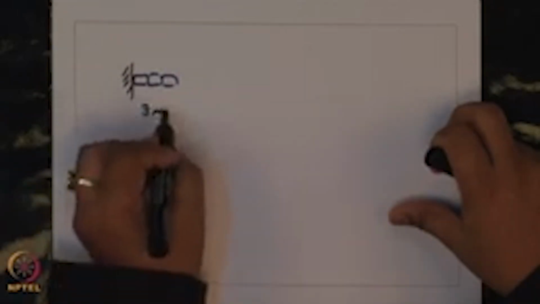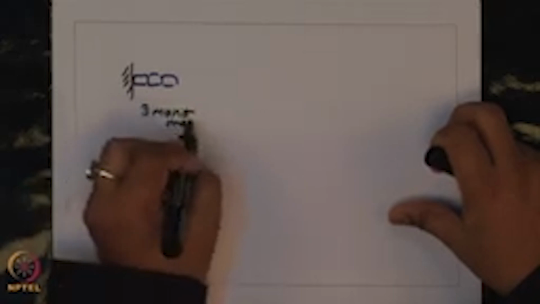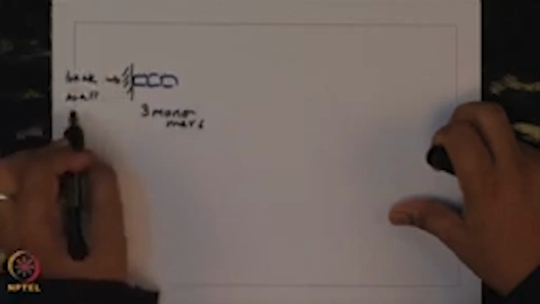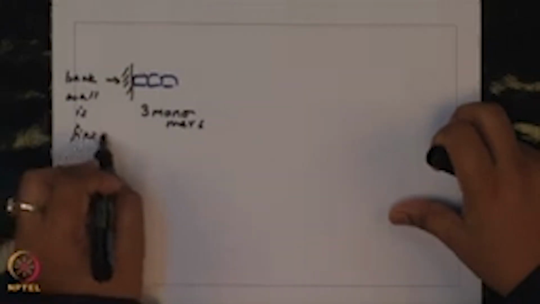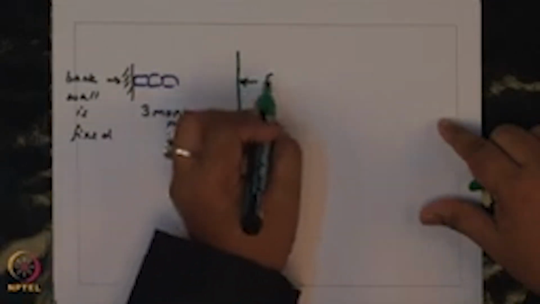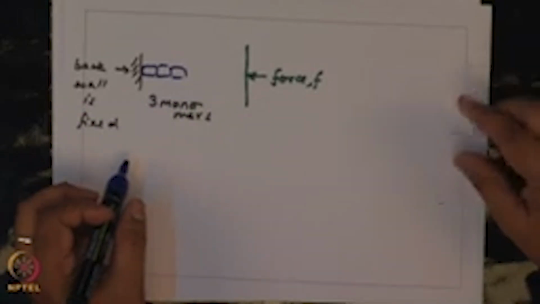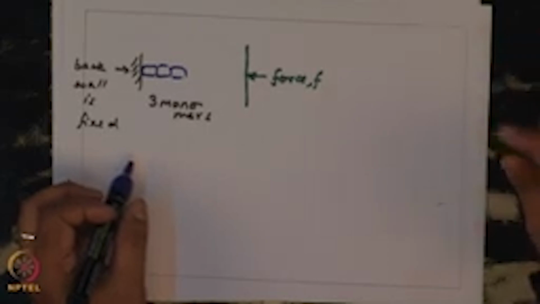So, you start with a filament of 3 monomers. So, this back wall is fixed, okay, and this filament polymerizes against a wall, okay, on which you exert a force F, okay, and you want to see what is the network dynamics of this growth for different values of branching rate, so on and so forth.